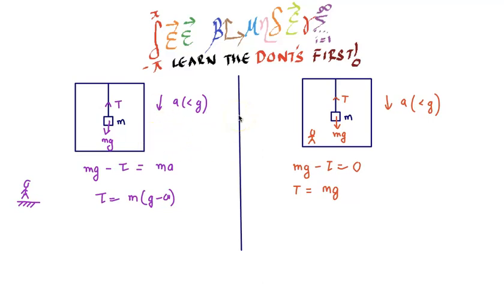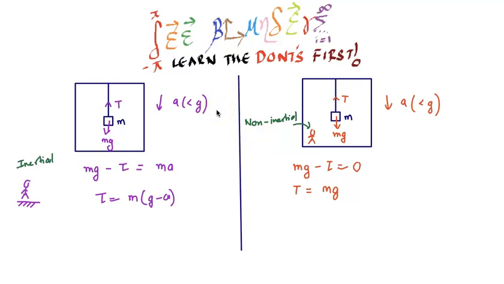this is a very, very important concept in physics, which is why we did this problem. The observer here, who is standing on the ground, is known as an inertial frame of reference. And the observer inside the lift, who's accelerating with respect to the ground, is a non-inertial frame of reference.